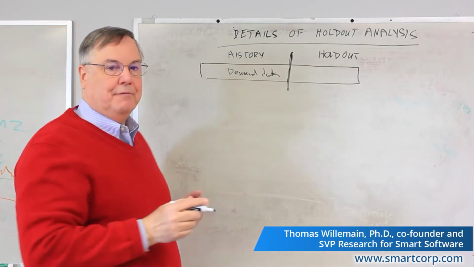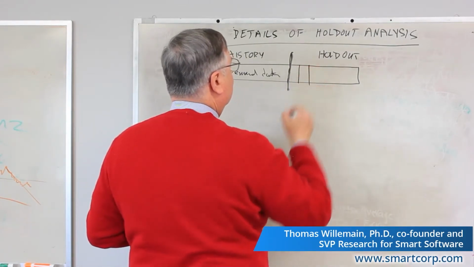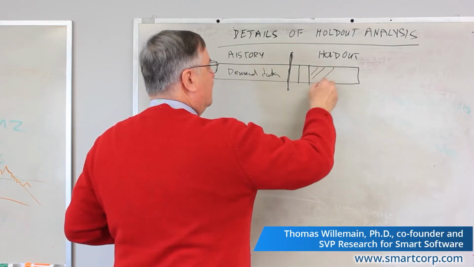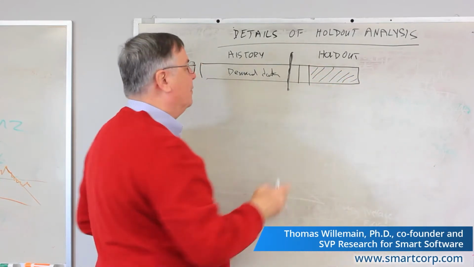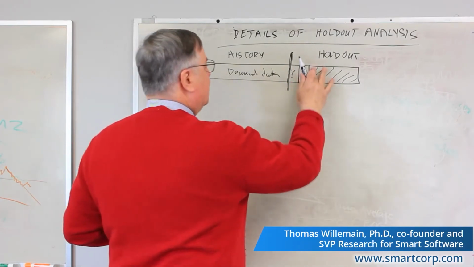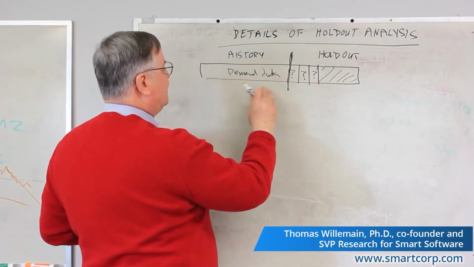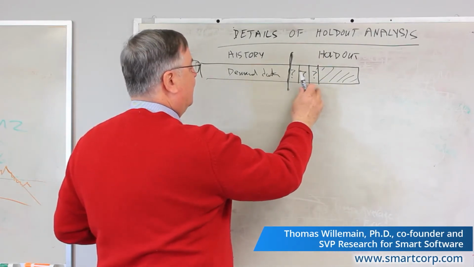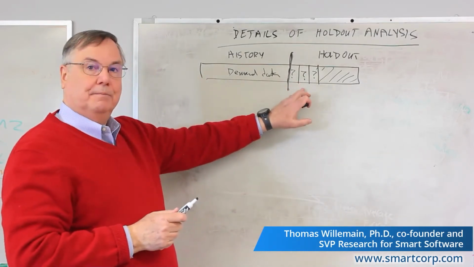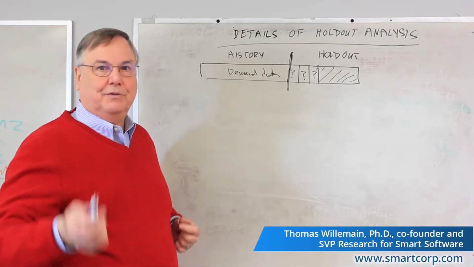And suppose we have a forecast horizon of 2 periods. So we actually have all this data that we're not using at first. We're even holding out some of the holdout. But we're saying, let's make a forecast, well, let's say 3 periods ahead. And we use this much data and we forecast 3 periods ahead. And then we see which of the methods does well there. Okay, so we'll have an error for method 1, method 2, method 3.